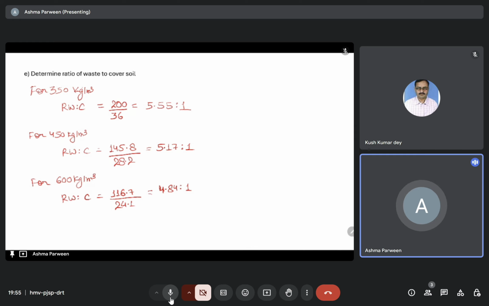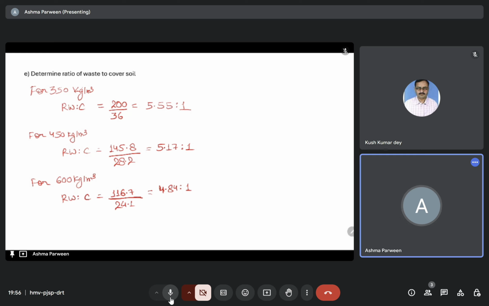So we have found out the ratio of solid waste to the cover soil. We can see in this question, as the solid waste is more and more compacted, like we have compacted the waste to 600 kg per meter cube, the overall amount of waste to be placed into the landfill has decreased, and also the amount of cover soil to cover that cell has also decreased.